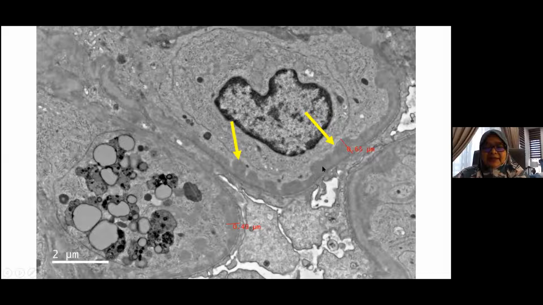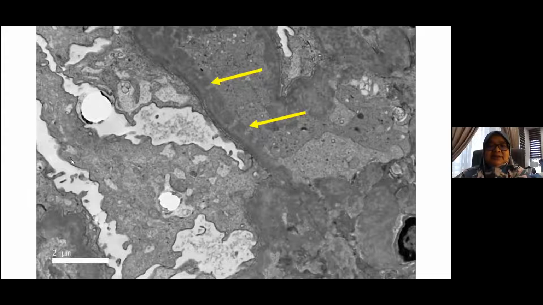Okay, and we also measured at various areas, and we can see that there is generally thickening of the glomerular basement membrane, which is in keeping with what was seen in the biopsy. Okay, so more of the electron dense depositions.